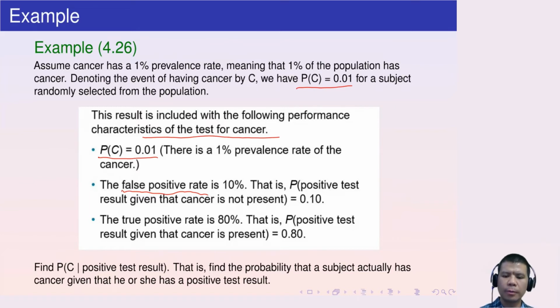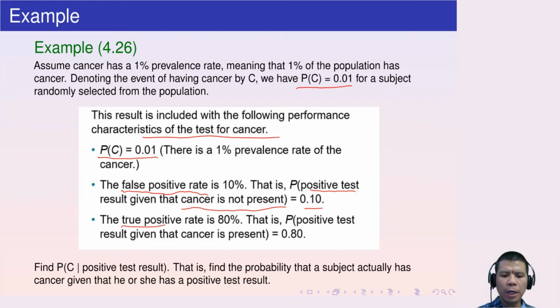That is to say, the probability of a positive test result given the cancer is not present. So this person is free of cancer. However, it got a positive test result, right? So it's a false positive, all right? So this is 0.10, 10%.